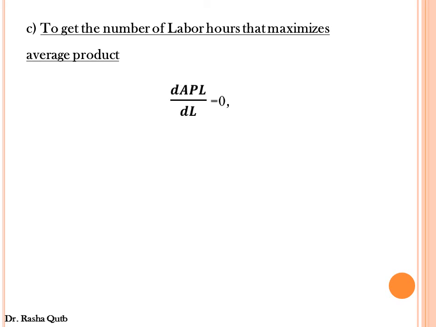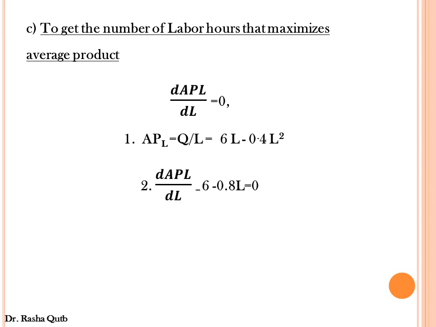First step is to get the average product of labor, and then we get the first derivative of average product of labor, equate this to 0 and solve for labor. In this case, we got the number of labor hours that maximize the average product of labor, which is 7.5 hours.